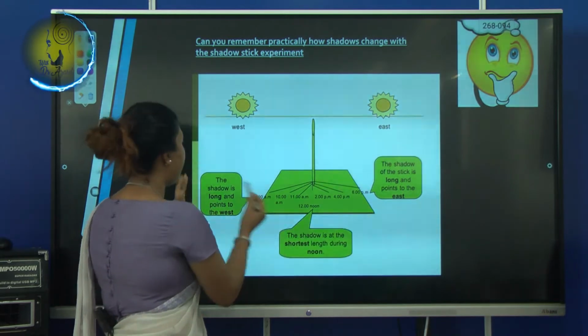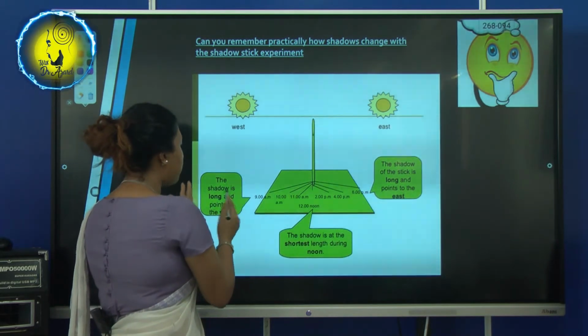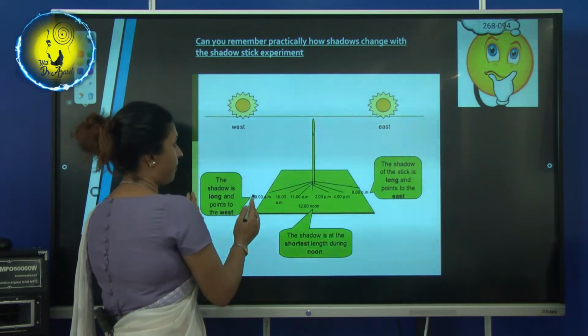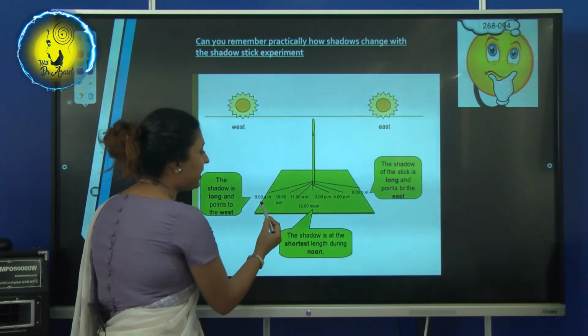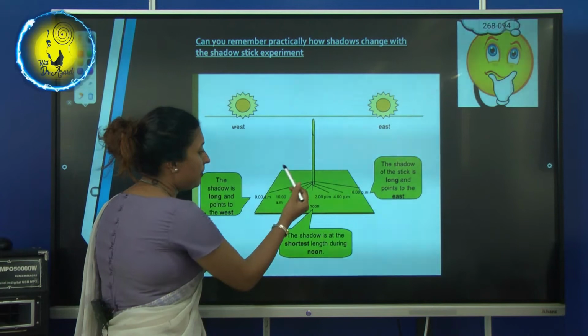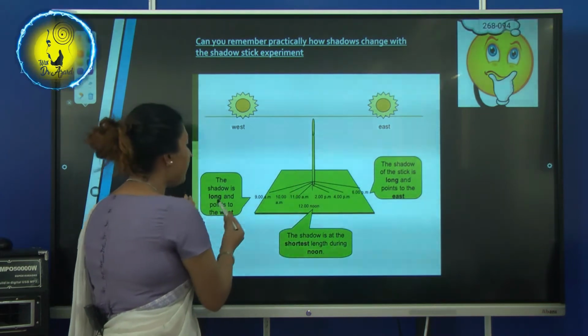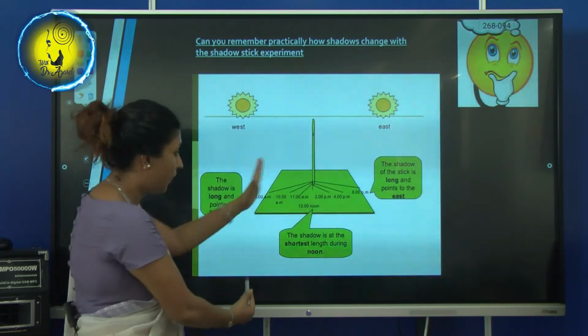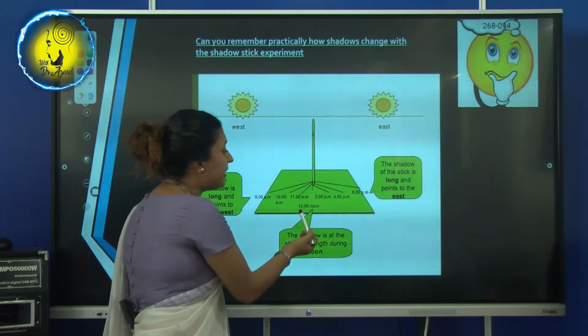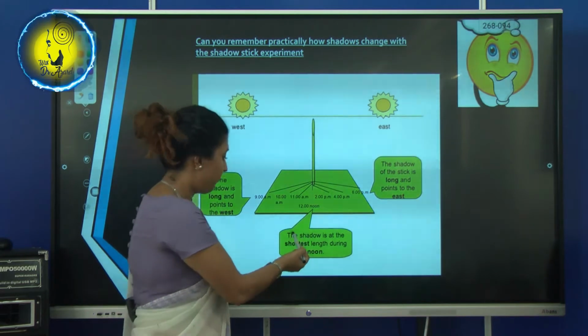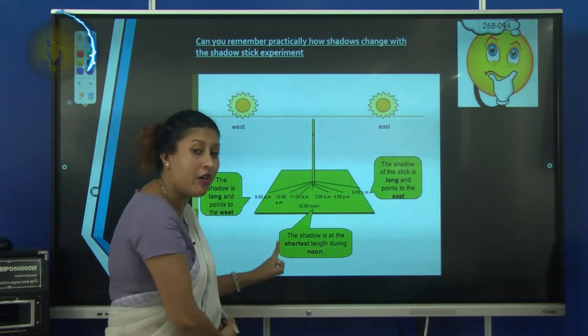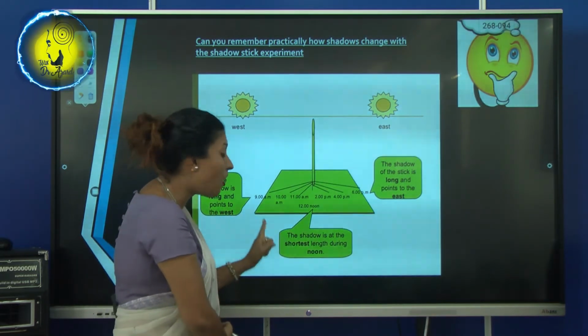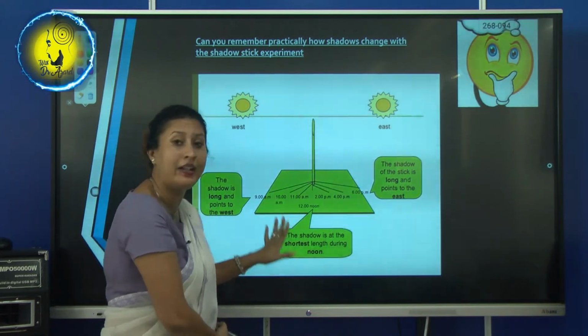The shadow is long and points towards west. When it's 9 a.m., 10 a.m., 11 a.m., it points towards west and the shadows are long. You can see. Now what happens by 12 noon? The shadow is at the shortest length, around 12 o'clock.